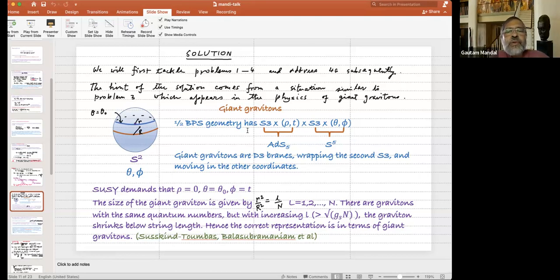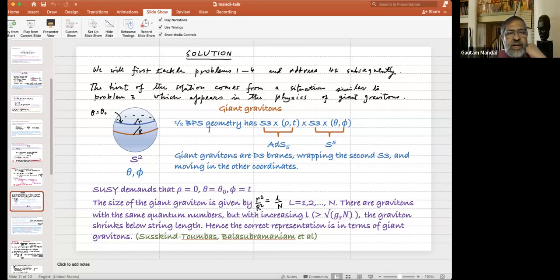So as you know, this is the canonical example of AdS/CFT, in which the geometry is asymptotically AdS5 × S5, and that's dual to N=4 super Yang-Mills theory.